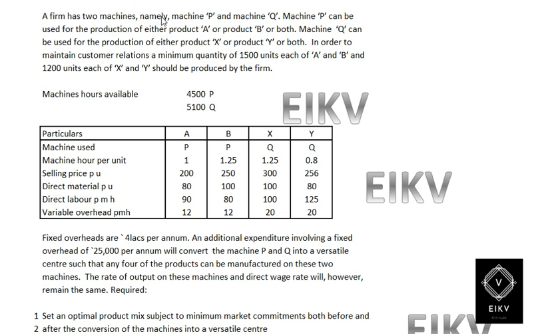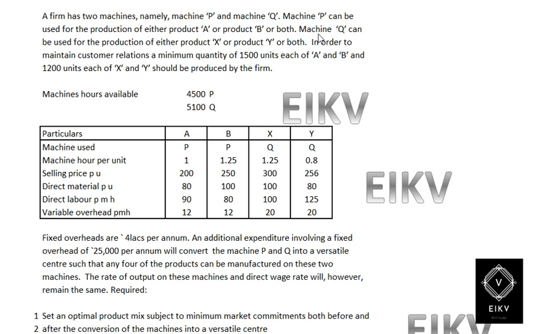For this illustration, a firm has two machines, machine P and machine Q. Machine P can be used for production of either product A or product B or both.